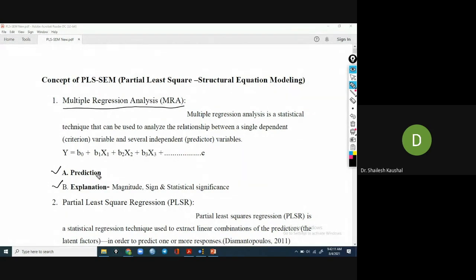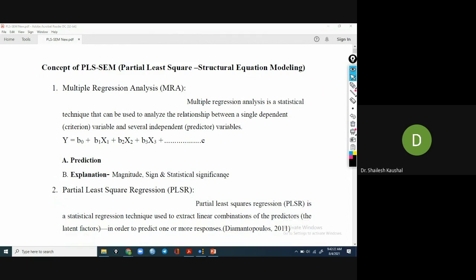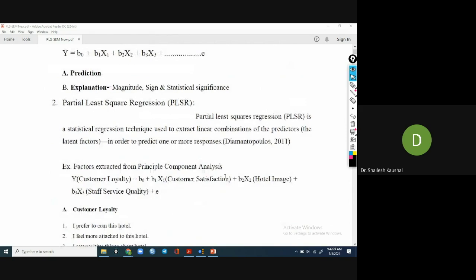Okay. Now the concept of partial least square regression. What does it mean? Partial least square regression, PLSR, is a statistical regression technique used to extract linear combinations of the predictors.